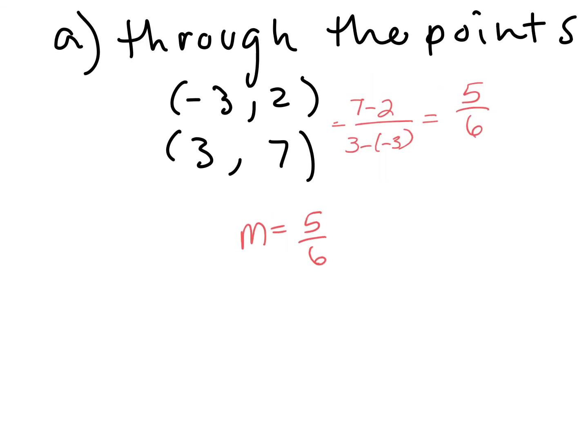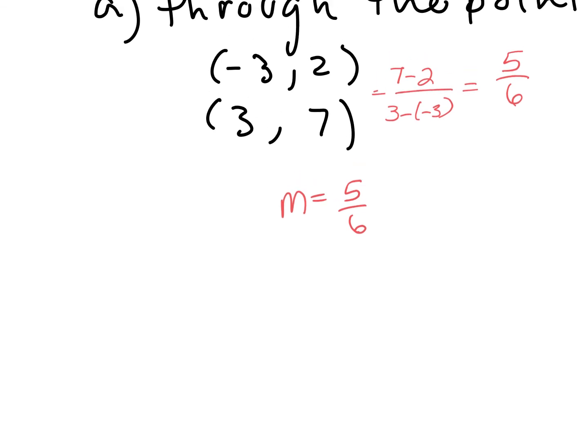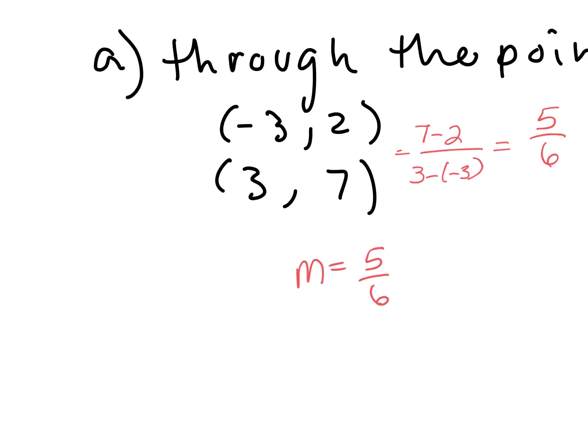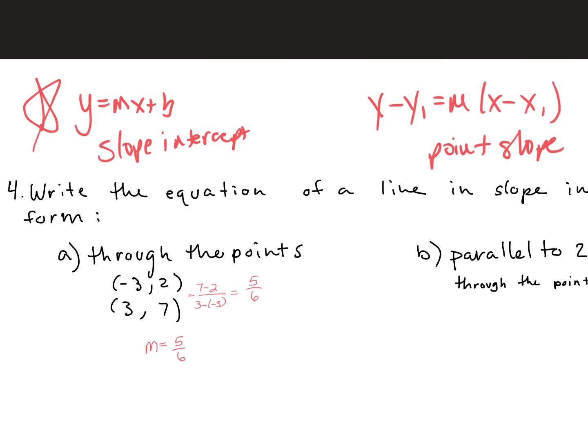All right, I'm going to use the point (3, 7). If I was going to use point-slope form, I would use the point (3, 7), and I'd put the slope right there, and I'd put the y value there, and I'd put the x value there. Then I would distribute the slope and write it into slope-intercept form, which you guys can do.